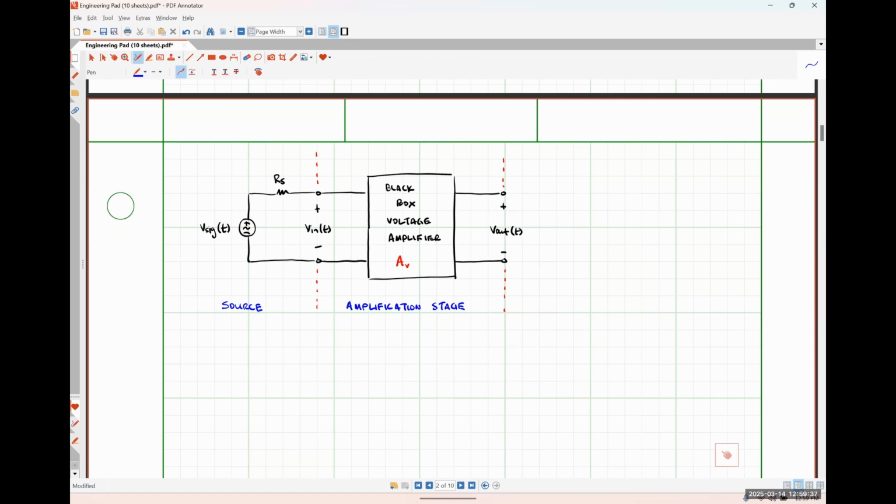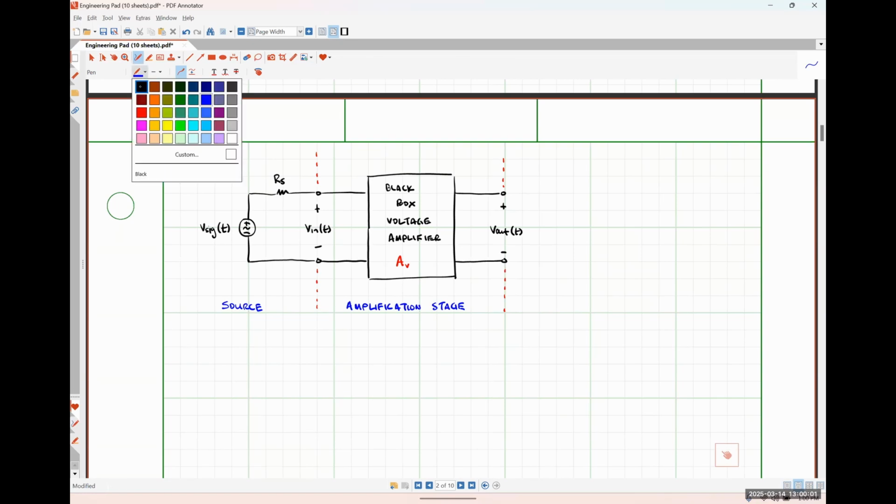We could use a practical current source to generate an input signal voltage Vin, or we can use the practical voltage source to do it like I've represented here. Either way is perfectly fine. Just want you to know the source is going to be on the left-hand side, and we are definitely going to be taking into account any internal resistance of our source that might be present as well.